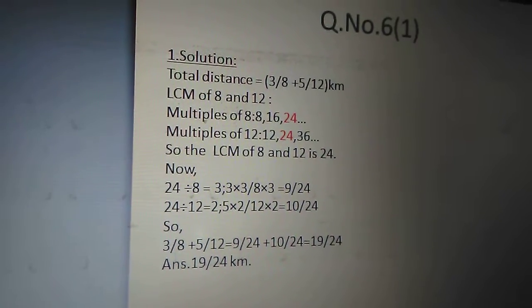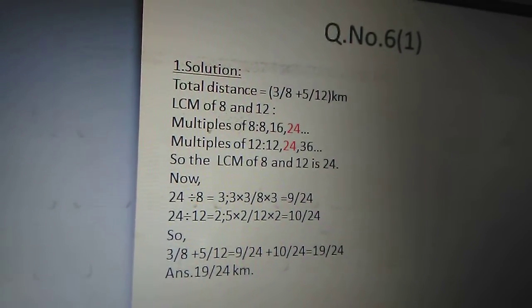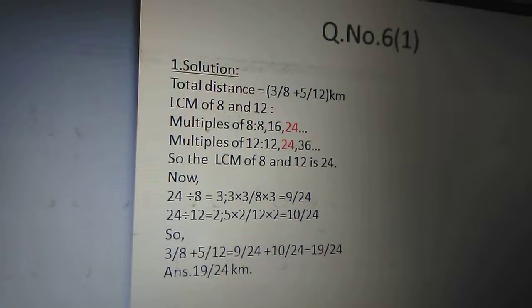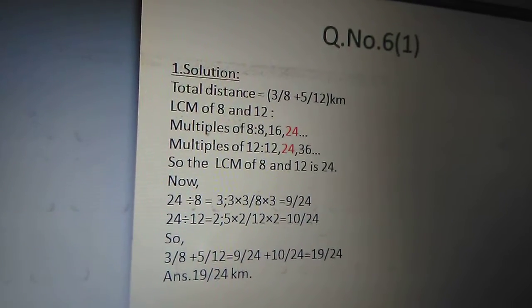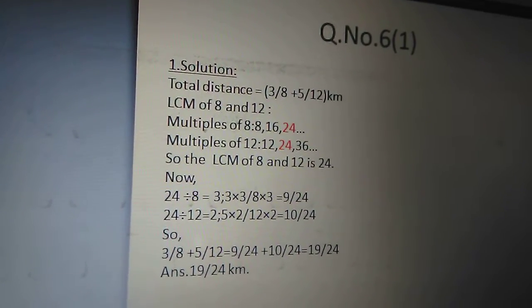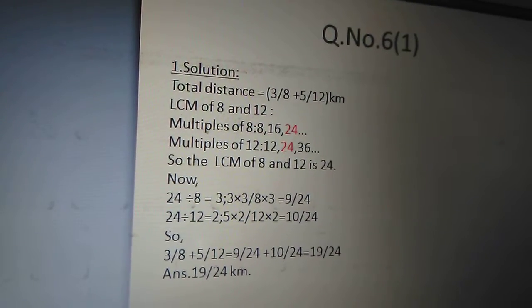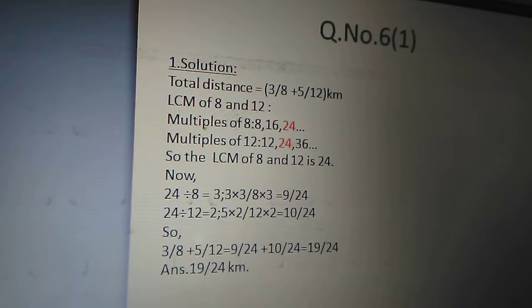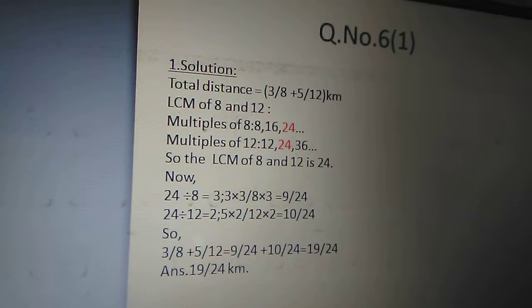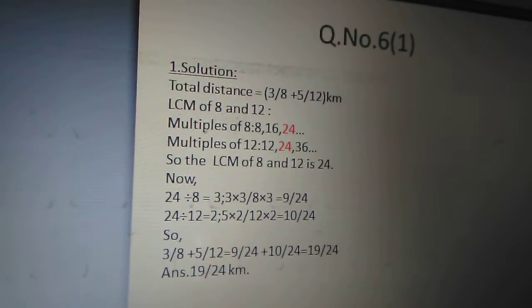Now we divide this LCM by the denominators of the first fraction, 8, and the second fraction, 12. If we divide, then we get 3 and 2. Then we multiply the first fraction's numerator and denominator by 3 and the second fraction's numerator and denominator by 2.